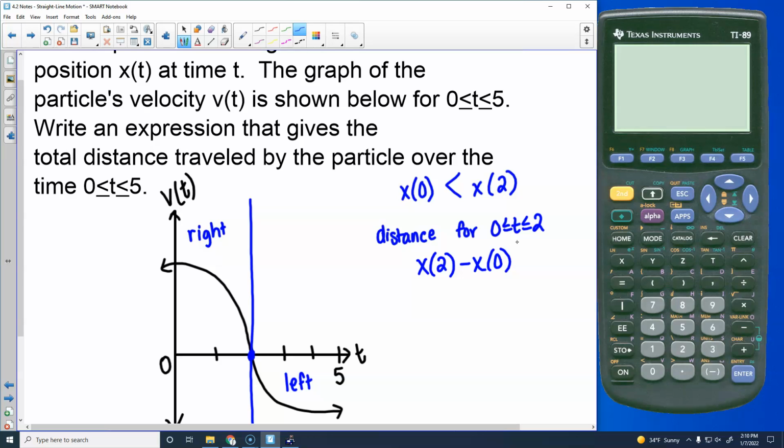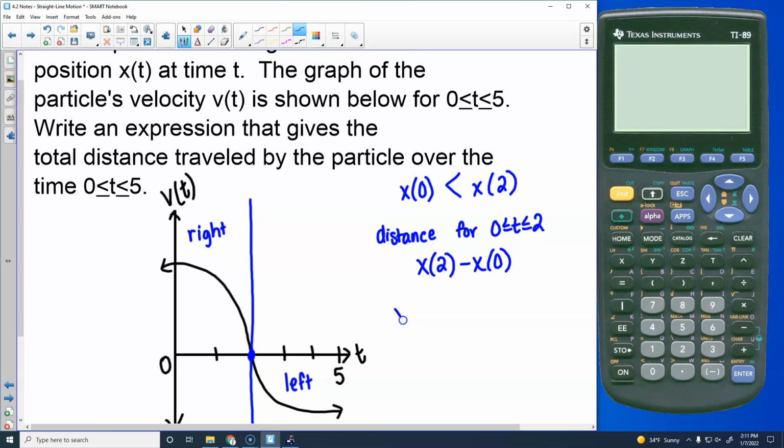Correct. But the position is not. But that is velocity. It's asking us about distance. This is velocity. Then what, to the left, would it be like the absolute value of x of 5?